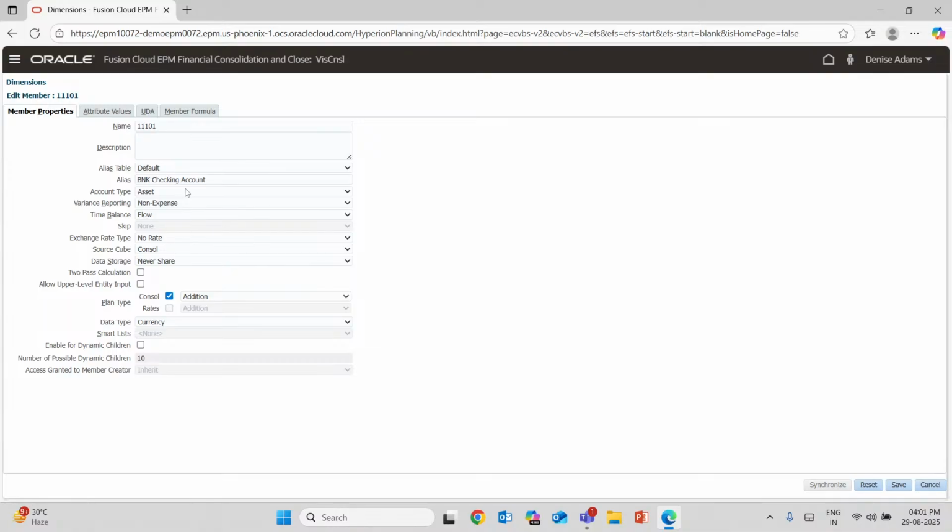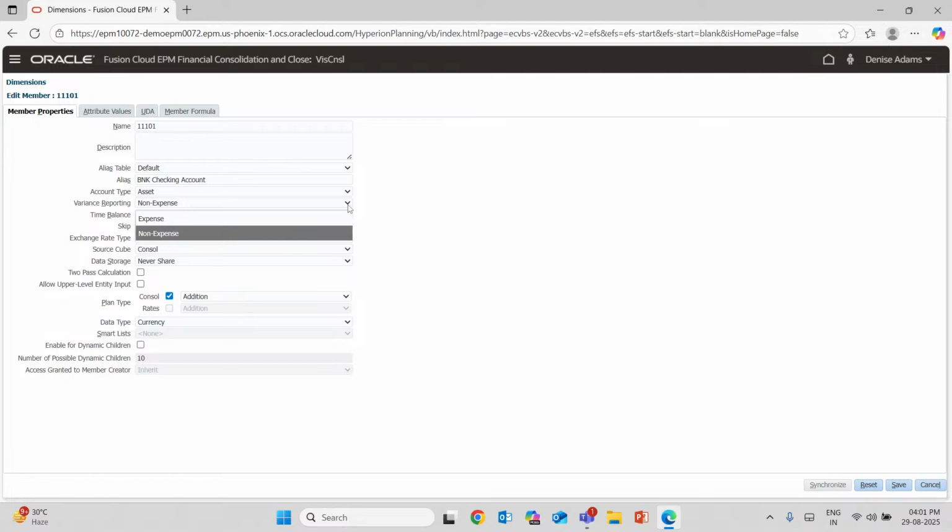Currently we are taking the bank account, right? We are working on the bank account. That's the reason we have taken asset as the account type. Now we have variance reporting. Variance reporting is expense or non-expense.